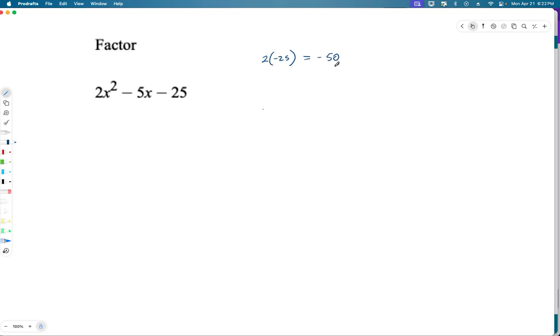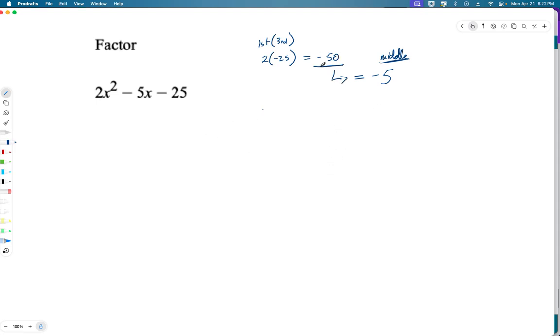So I need to find factors of negative 50, that's first times last, or third I should say, that is going to equal negative 5, which is the middle term, or the second term, whenever you add them together.